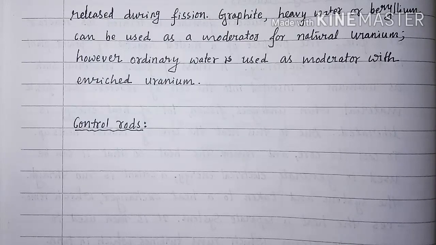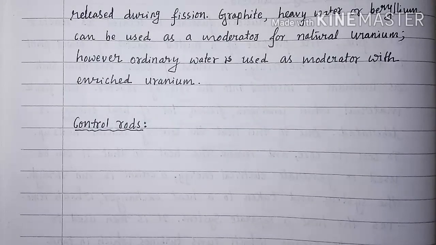So in order to avoid such situations, having control over chain reactions is very, very important. So to have the control over chain reactions, control rods are used.